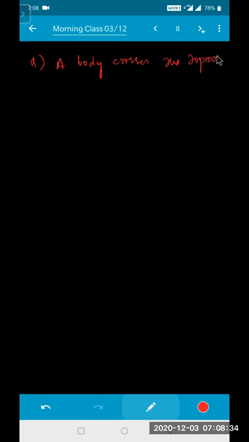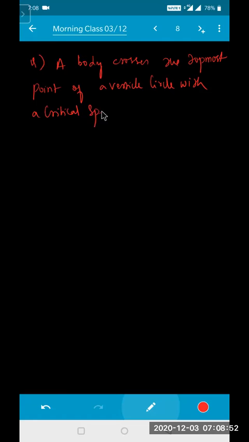A body crosses the topmost point of a vertical circle with a critical speed.